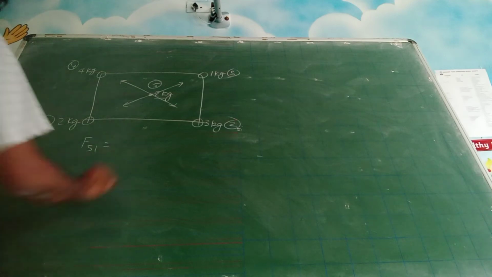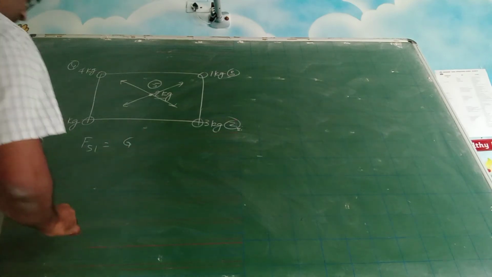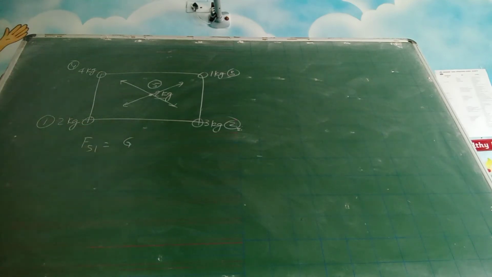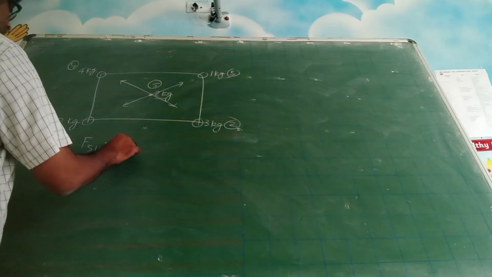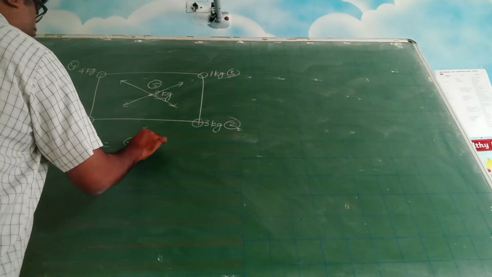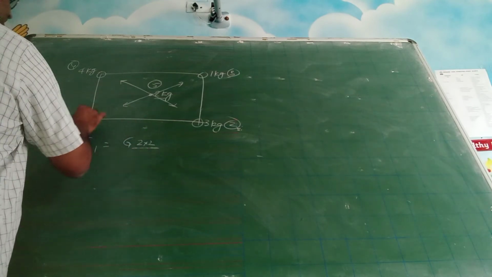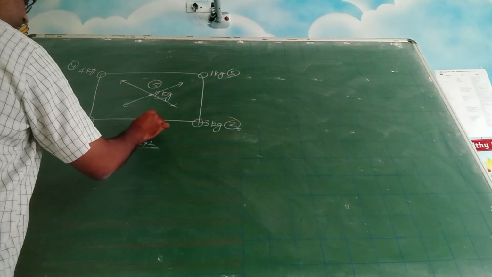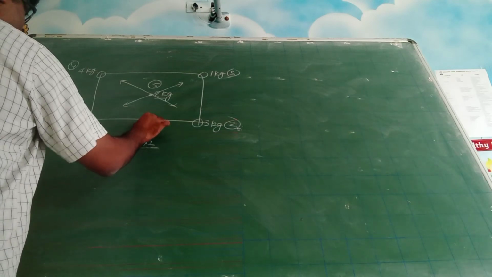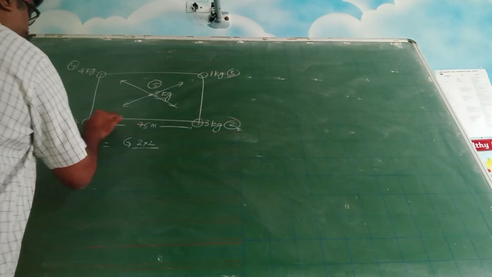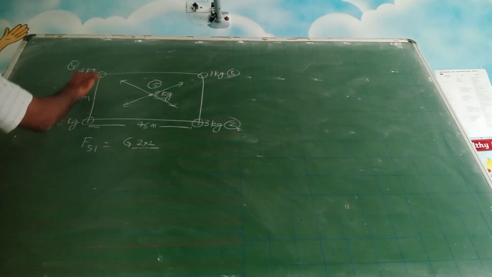So F51 will be equal to, actually when you write the formula you have to put a minus here. Minus means mutual attraction, so I am not writing that part. So G into M1 M2, so it is 2 into 2. Now let us say this side is given as 4 centimeters. The side is given as 4 centimeters.